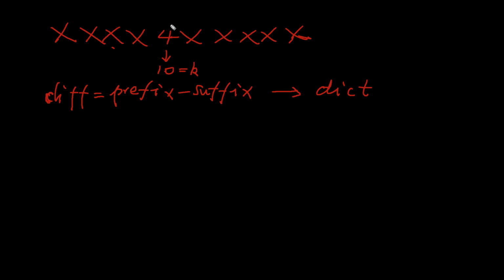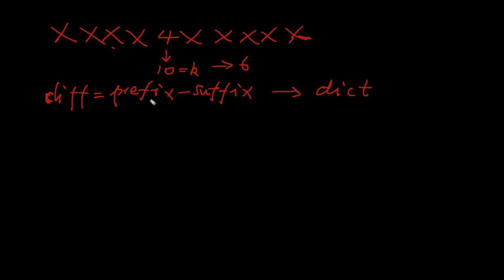It means that all the suffix starting from 4 will be increased by 6, right? The difference is 6 in this case, right? So basically we're increasing this 4 by 6 into 10.